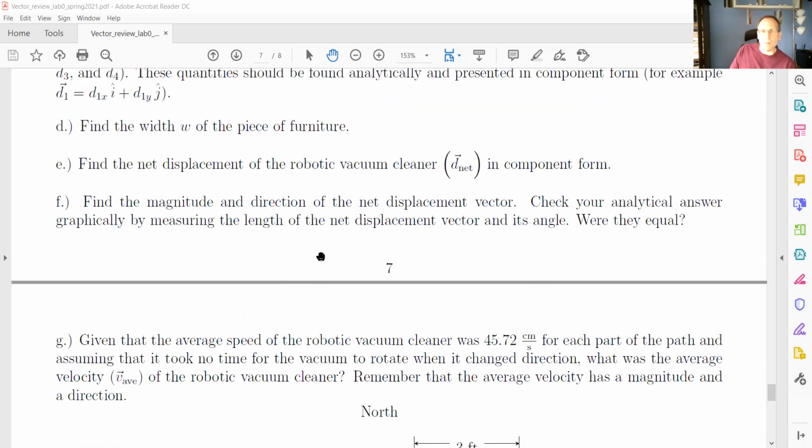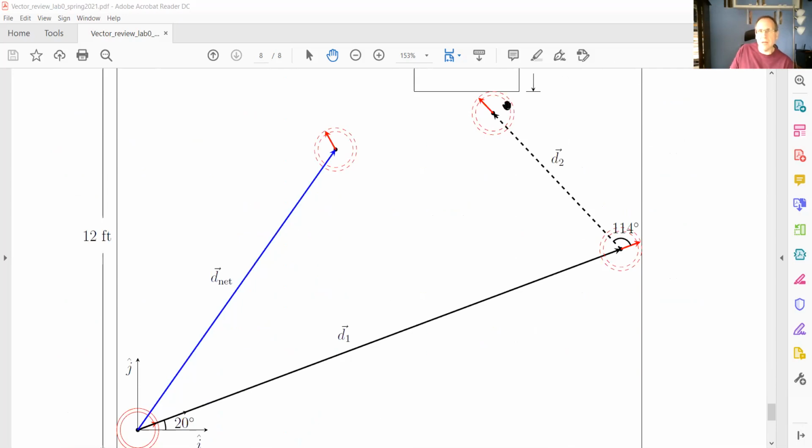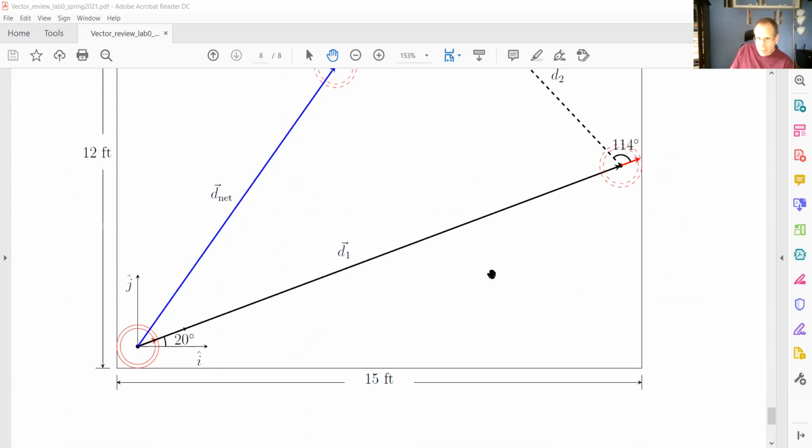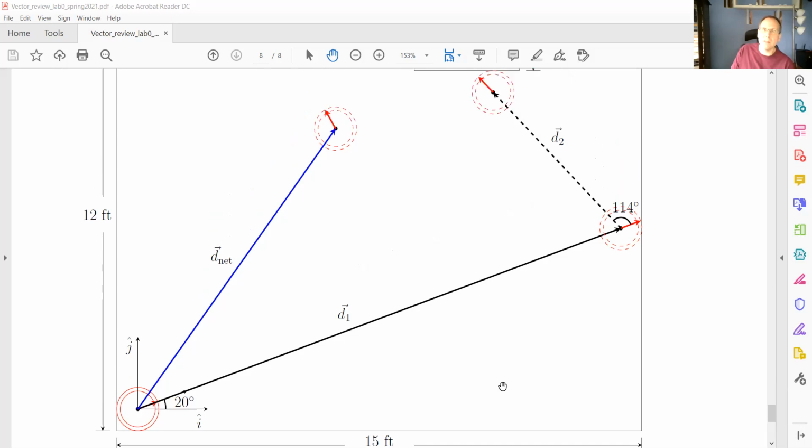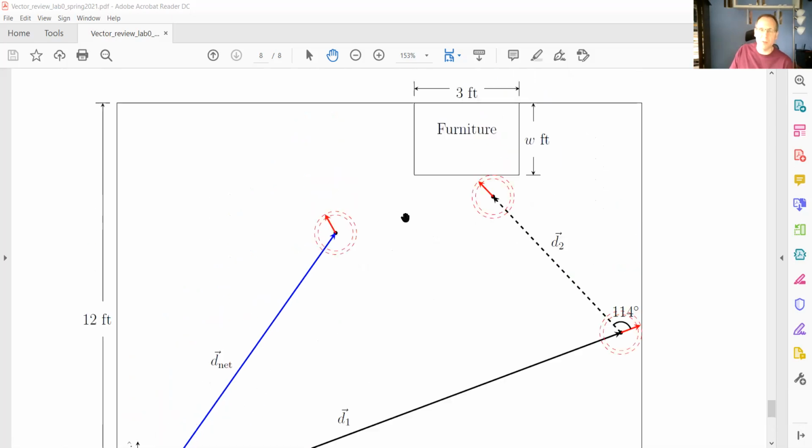So once it does that, it's going to rotate again, and it's going to be somewhat downward until it hits the south wall. And then finally, it rotates a certain number of degrees clockwise until it ends up here. To help you out, I gave you what the final position should be, something like this. So it'll be a good check to make sure that you're doing this problem correctly.